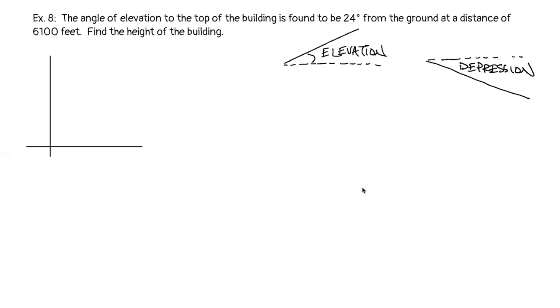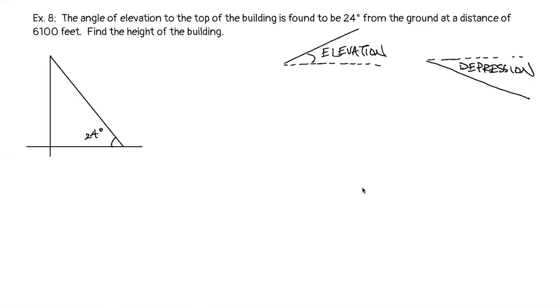So elevation meaning up and depression meaning down. And so when we look at this, the angle of elevation from the ground means that if we look all the way to the top of the building, this angle is 24 degrees. Okay, so there's our theta. We found our theta, 24 degrees.